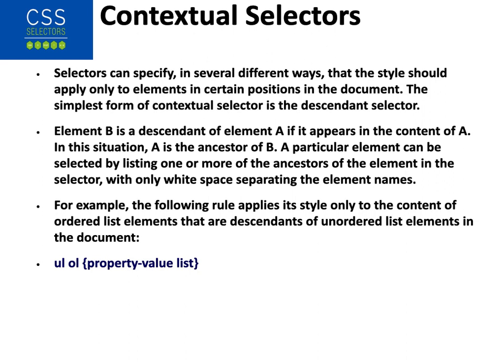For example, element B is a descendant of element A if it appears in the content of A. In this situation, A is the ancestor of B. A particular element can be selected by listing one or more of the ancestors of the element in the selector, with only white space separating the element names.